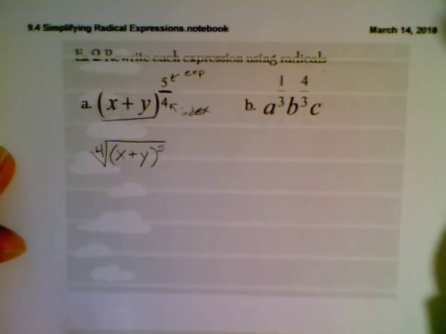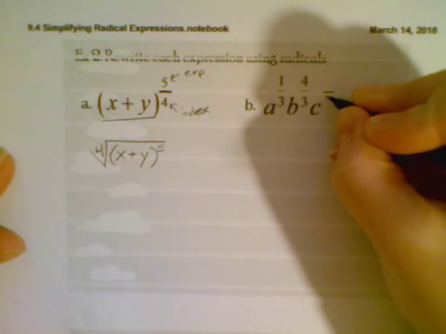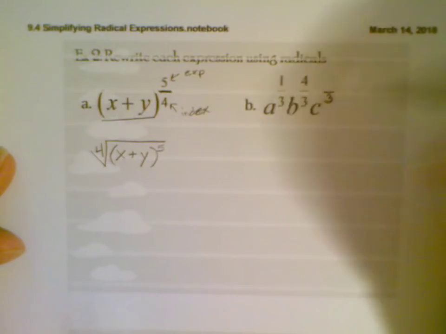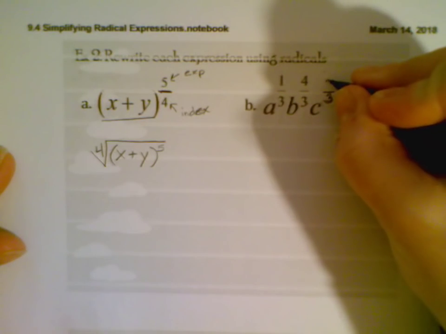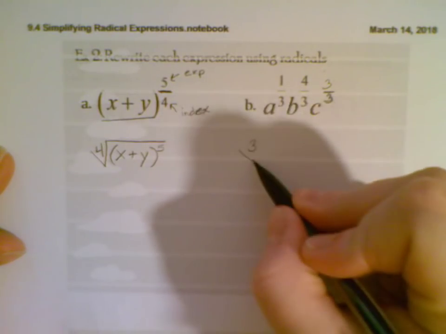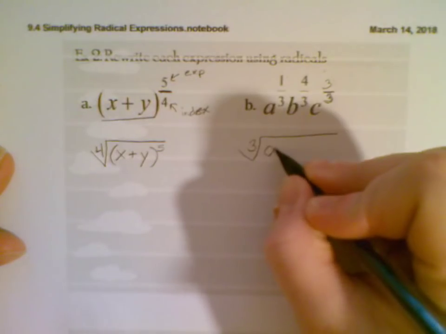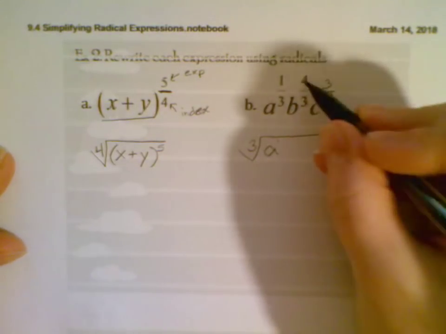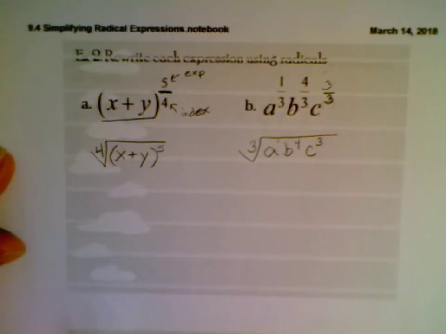Well, it has an exponent, it's a 1, but I want to keep it consistent with the others, so I want my index to be 3. So what numerator can I give this so that when I simplify it, I get 1? Well, 3 divided by 3 is 1, so I'm going to make that a 3. Now, since they all have the same denominator, they're all going to go under the same radical. A will be to the power of 1, B will be to the fourth power, and then C will be to the third power.